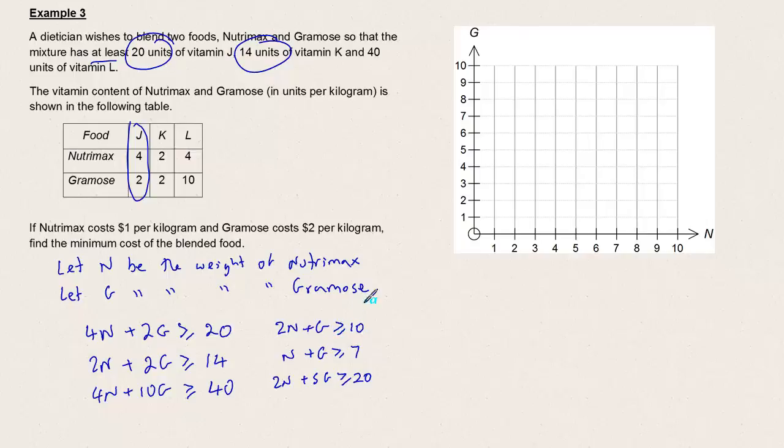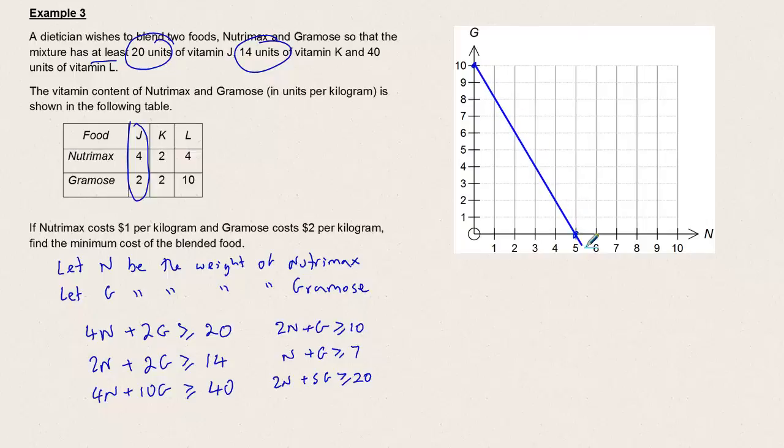Now we can put on the boundary lines and define the region. So the boundary line would be 2N plus G equals 10. So if G were equal to 0, N would be equal to 5. So that's just here. If N were equal to 0, G would be 10. That's up here.